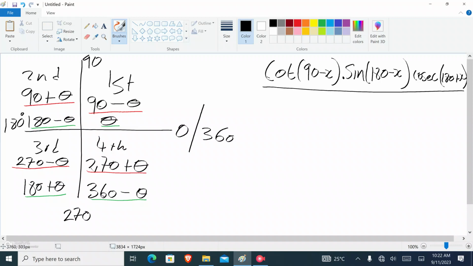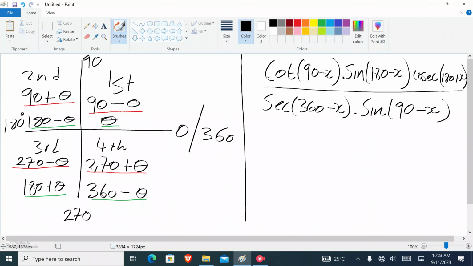Everything is divided by sec of 360 minus x, and then multiplied by sine of 90 minus x. As you can see, this is a combination of two, the 180 rule and the co-ratio rule. Let's try to reduce this. We need to simplify this.